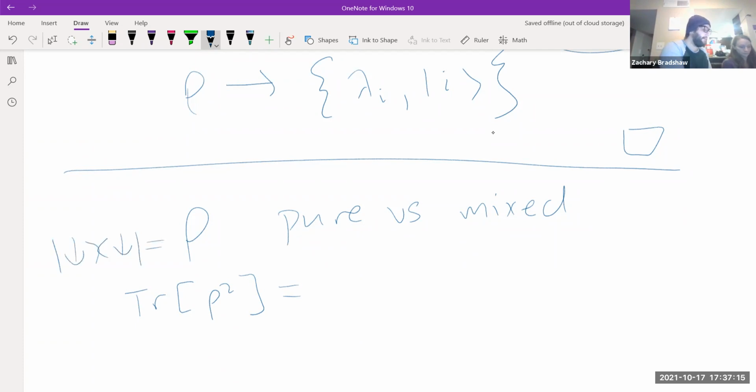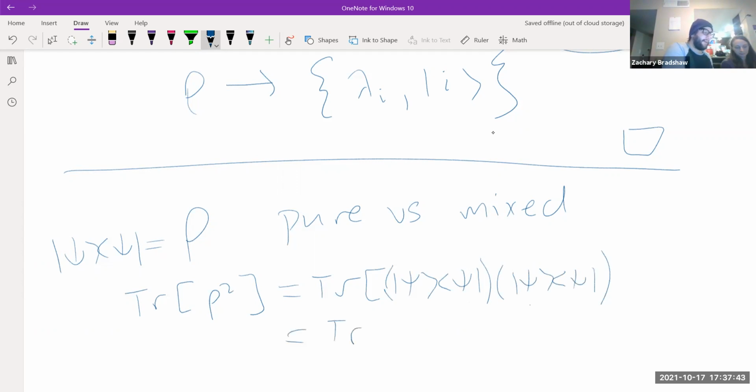My psi's look terrible. They just look like down arrows. Well, as long as you're consistent in your terrible size, it's fine, right? So this would be the trace of |psi><psi|, and that's an expectation, and then we multiply it again because we're doing rho squared: |psi><psi|psi><psi|.